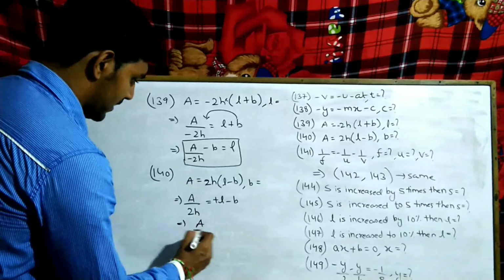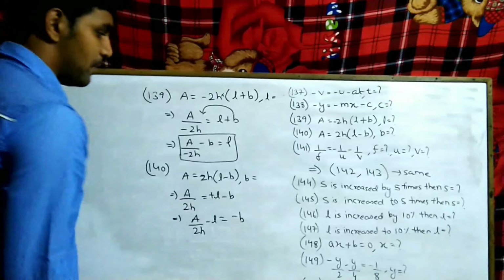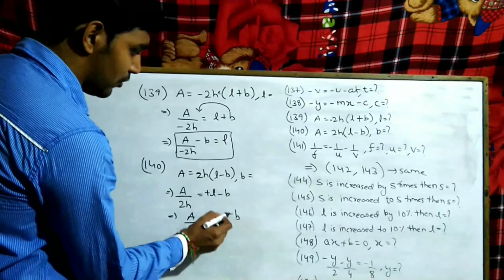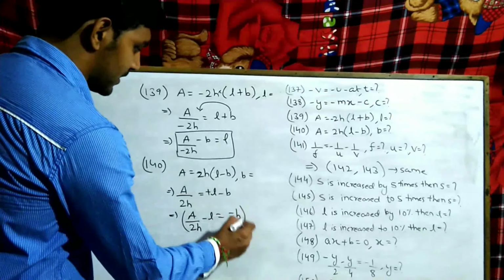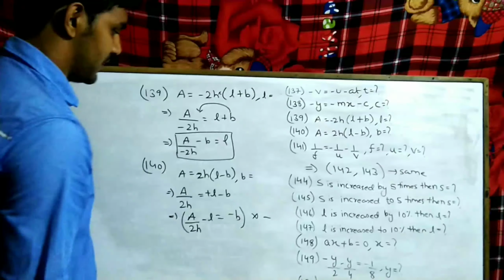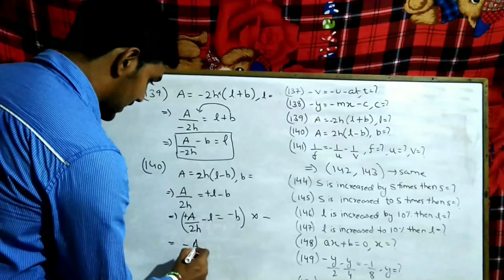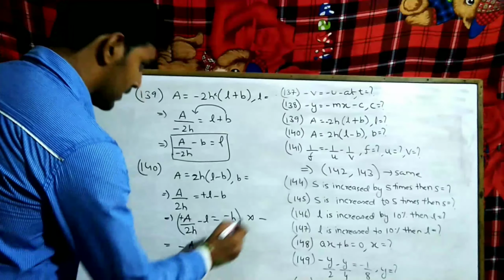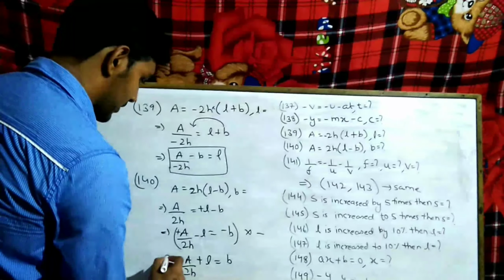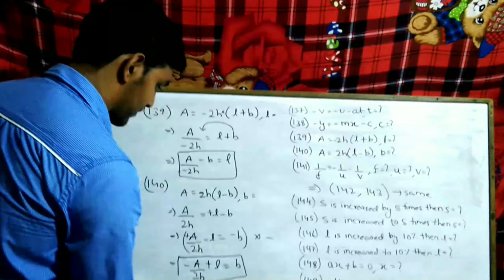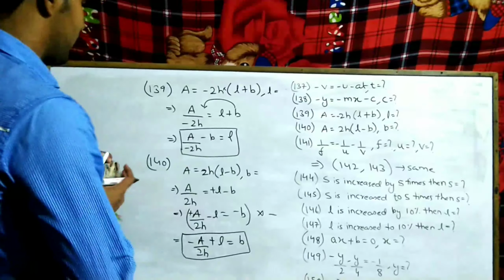So A by 2h minus L is equal to minus B. But we have to find only the B value. Minus sign is there. I said already, just multiply the total with the minus sign. So minus A by 2h plus L is equal to B. So this is the answer. Okay, clear? Now this is 140. Now let's start with 141.